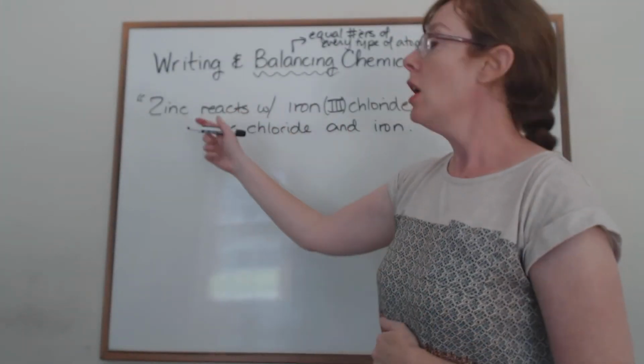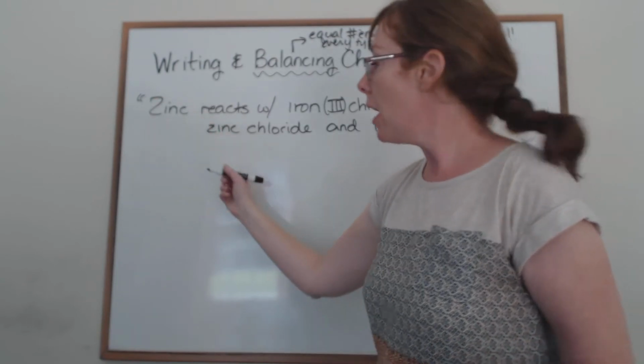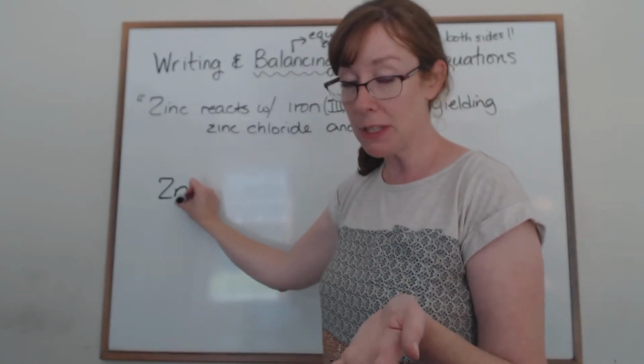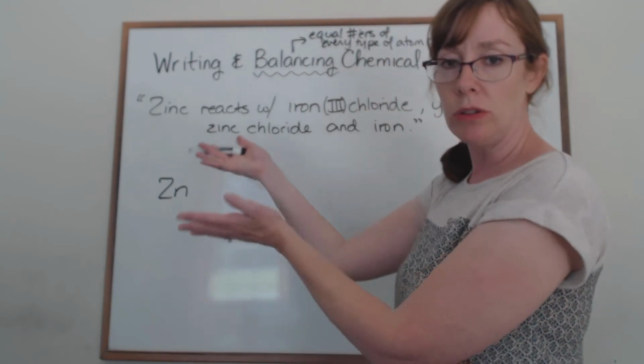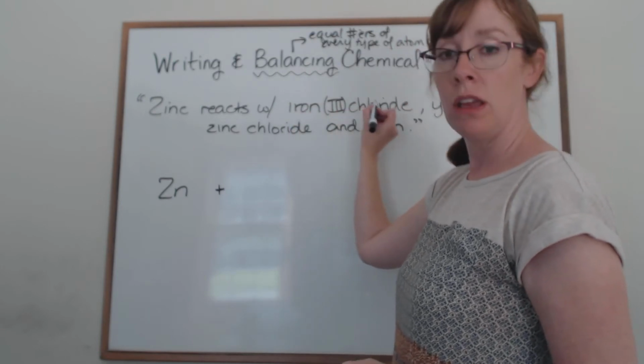All right, zinc. Well, that's just an element. It's on your periodic table. It's the name of an element. Now, it's not one of the diatomics, so by default, just consider it an atomic element, which means all you do is write the atom, zinc. Reacts with iron 3 chloride.